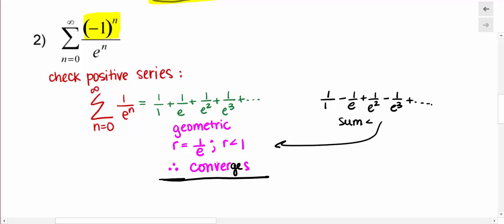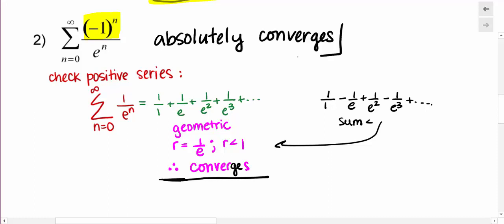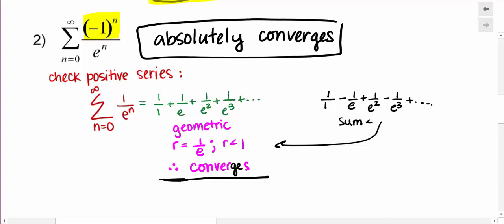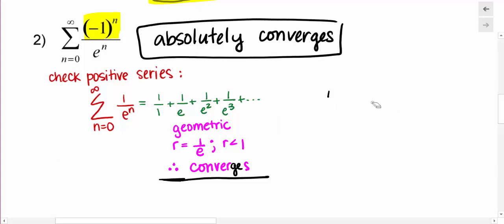And so if it's less than finite or less than convergent, it must also converge. So I would say this one absolutely converges.